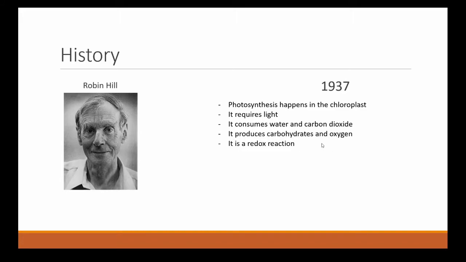And next, it is a redox reaction. If you've taken a chemistry class before, it's pretty easy to tell that water is being oxidized and carbon dioxide is being reduced. So there is that transfer of electrons, and that's something that they figured out as well. And that's basically it, just 5 sentences.